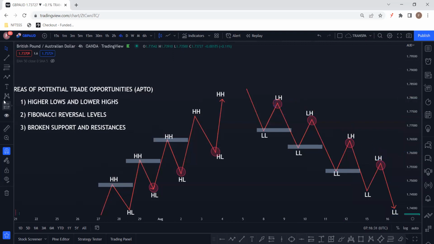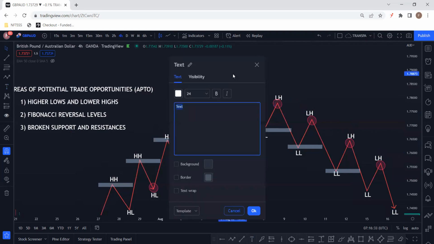So you buy at higher lows, only buy at higher lows, and sell at lower highs.